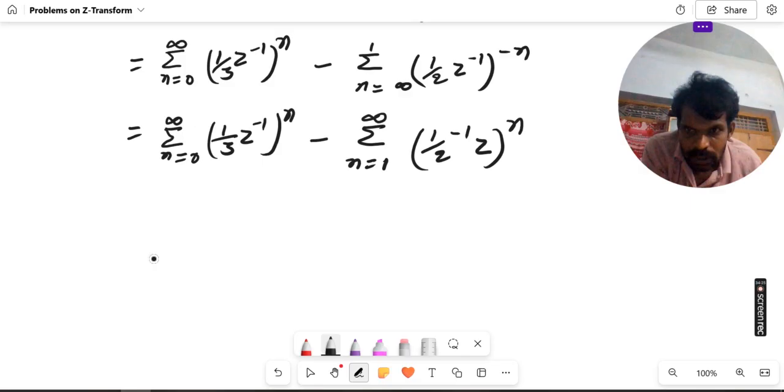So in the first part, what we have looks like alpha power n and n ranges 0 to infinity.